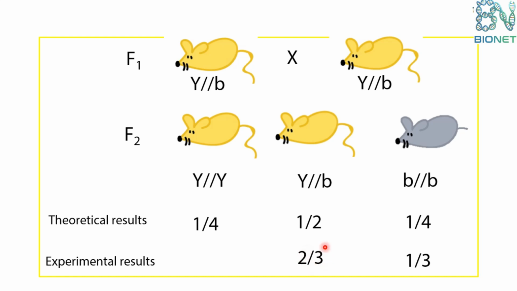Experimentally, we obtained 2 out of 3 and 1 out of 3. We didn't obtain this homozygous yellow mouse. This is a lethal gene.